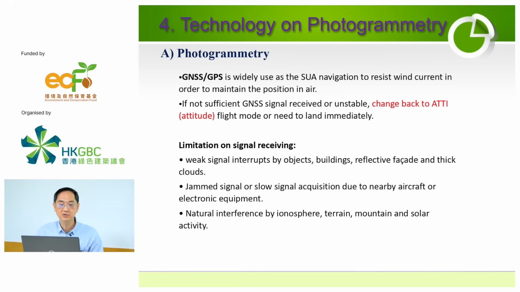Also thick cloud will weaken our signal receiving. Jam signals, low signal acquisition due to nearby aircraft or electronic equipment. Lateral interference by ionosphere, terrain, mountain. Okay, you know, the signal will be blocked by mountains, signal will be blocked by tall buildings, and also the solar activities. If we all remember, the drone show was cancelled.